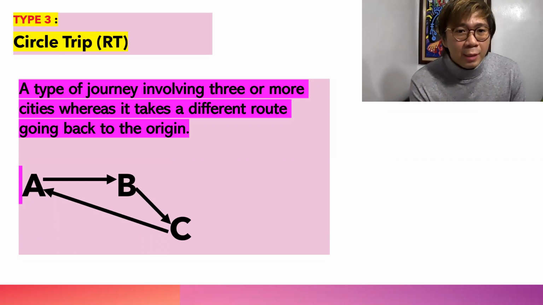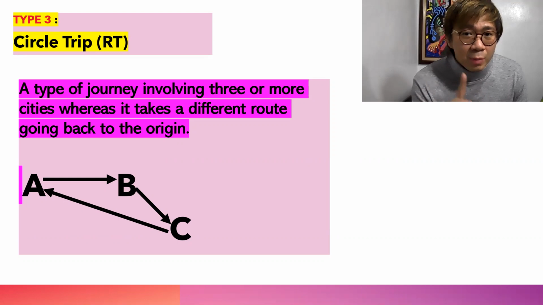Another indicator would be a different route. My analogy would be A going to B and B going to C. But of course, C won't go back to B to get to A. Instead, C goes straight to A. Because if A goes to B, then to C, then C goes back to B, and B goes to A, that will be a round trip ticket.